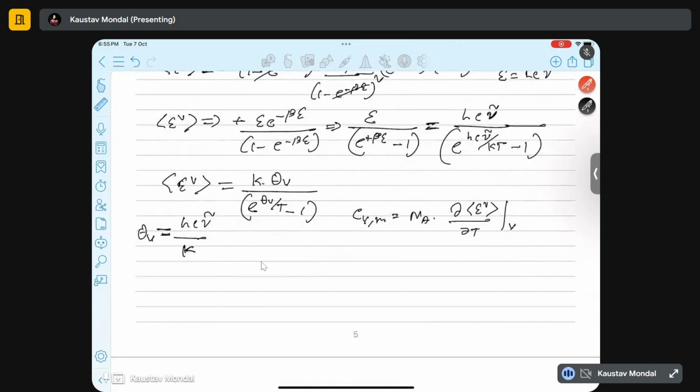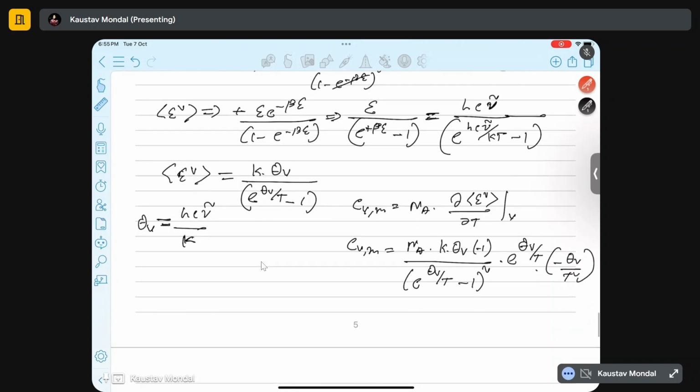So if you do the derivative, CVm now takes the form Na times k times theta v, over e to the power theta v by T minus 1 whole square, times e to the power theta v by T, times minus theta v by T square.